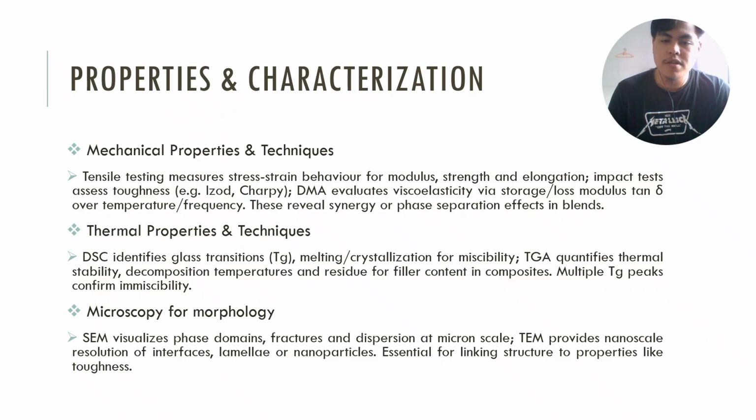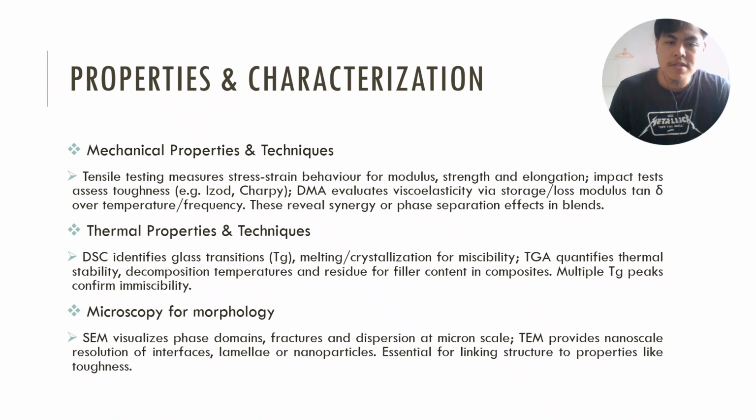behavior for modulus, strength, and elongation. Impact test assess toughness, like Izod and Charpy. DMA evaluates viscoelasticity via storage and loss modulus and tan delta over temperature and frequency. This reveals synergy or phase separation effects in blends.